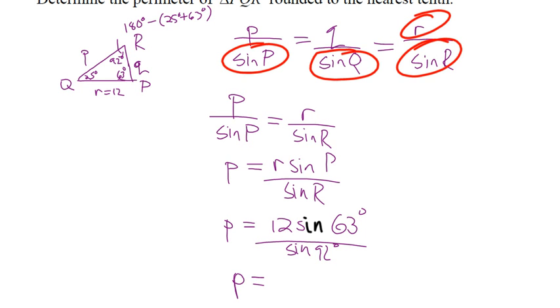10.7. 10.7 what? It's 10.6985. What units? Chickens per meter squared? Oh, centimeters. All right, let's take out the chickens and the square.